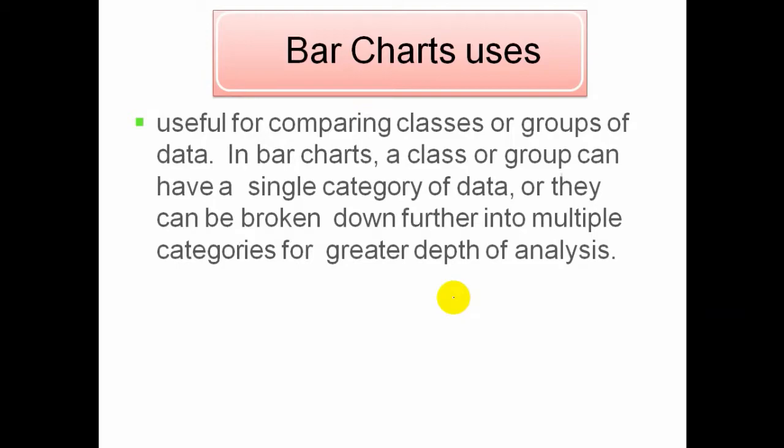Bar chart is useful for comparing classes or groups of data. In bar charts, a class or group can have a single category of data, or they can be broken down further into multiple categories for greater depth of analysis.